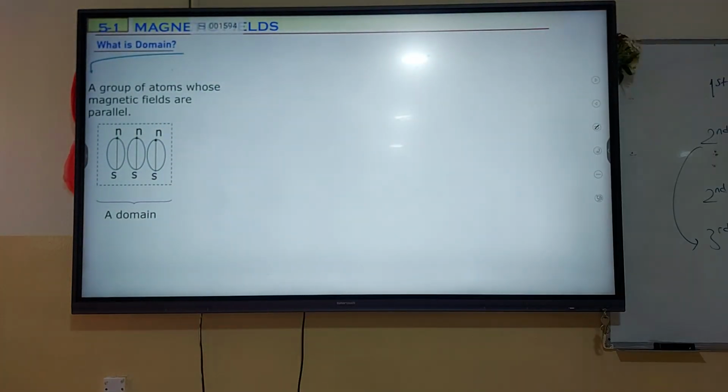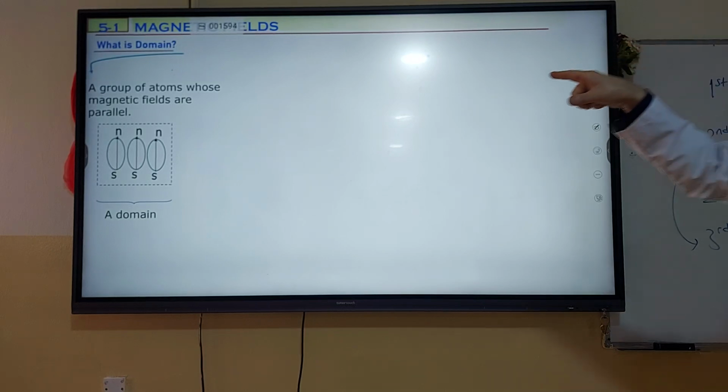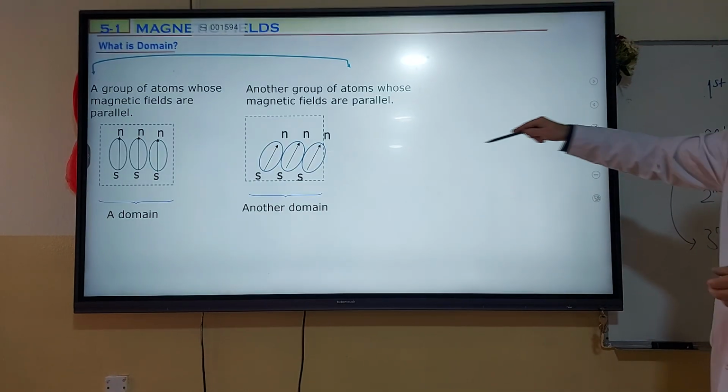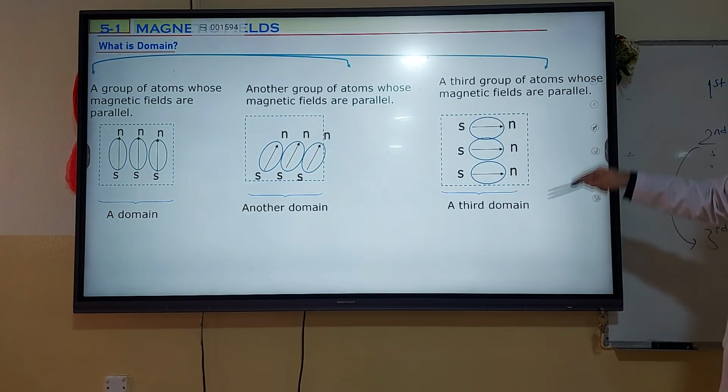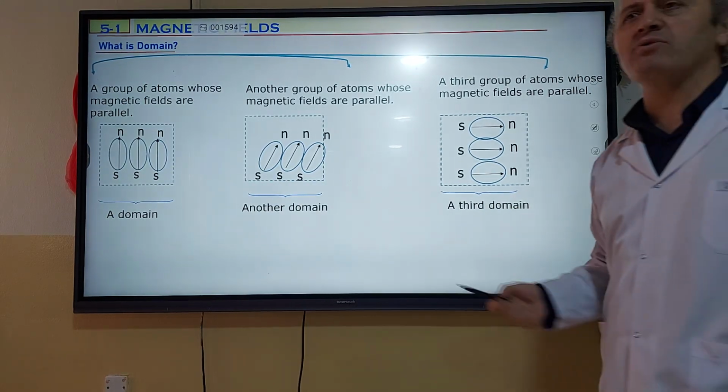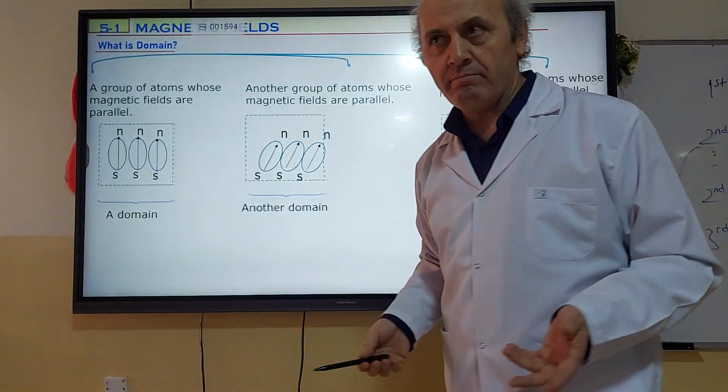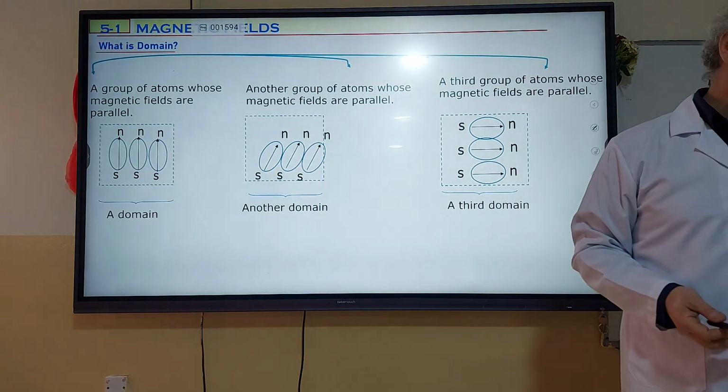When the magnetic fields of the atoms are the same, they make a group, and these groups are called domains. One domain, another domain, a third domain, a fourth domain, a fifth domain, hundreds of them, thousands of them, billions of domains inside a substance.